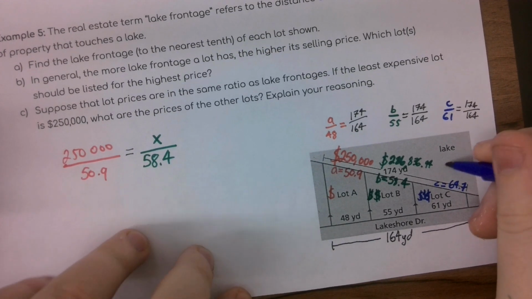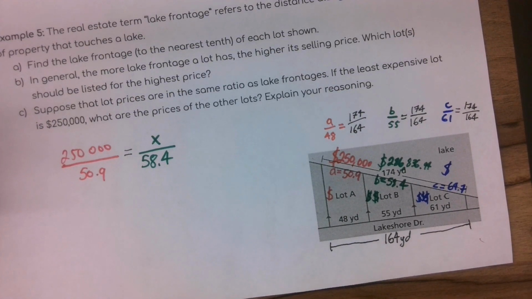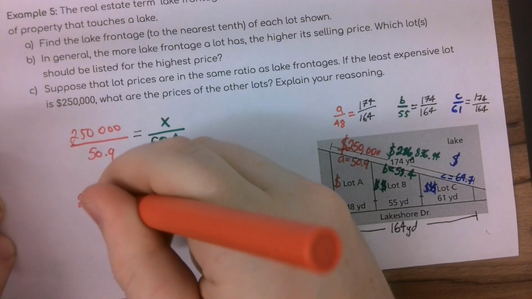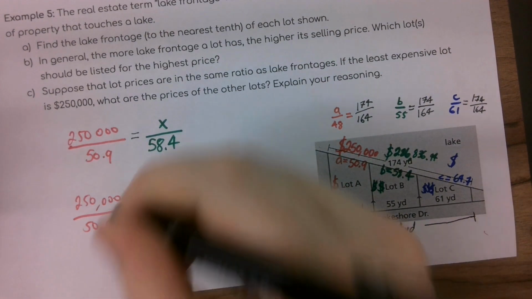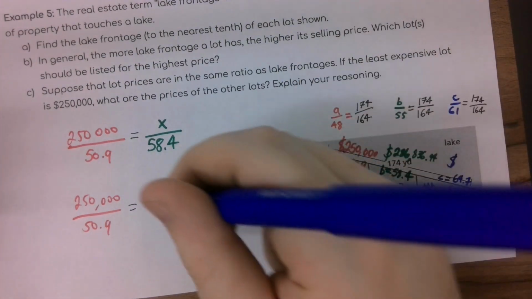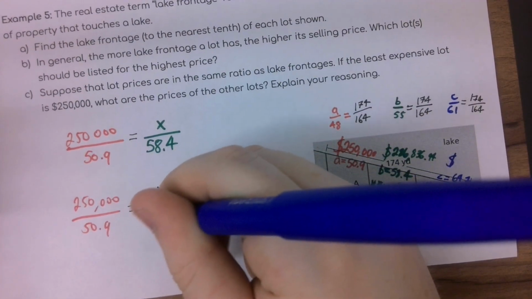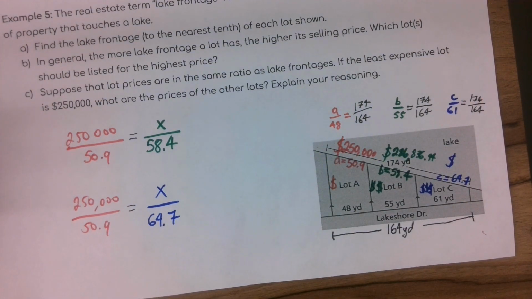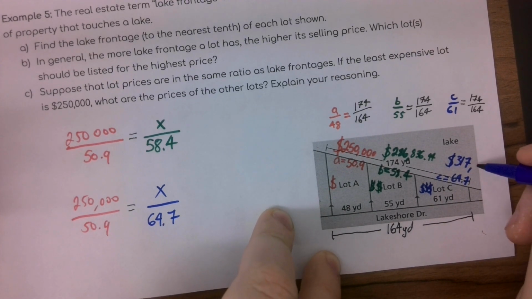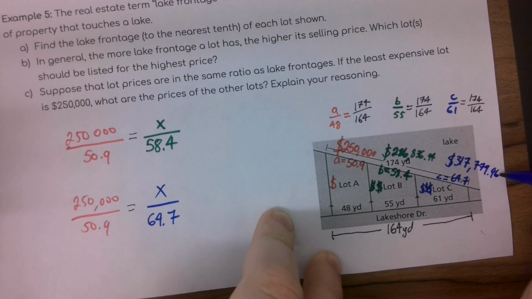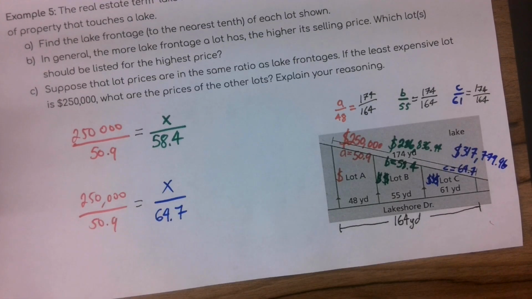Last, most certainly not least, we can do the same thing with C. So we can compare 250,000 over 50.9 and say that that equals x over 64.7. Once again, we plug all this into our calculators, and when we do, we should get $317,779.96. There we go.